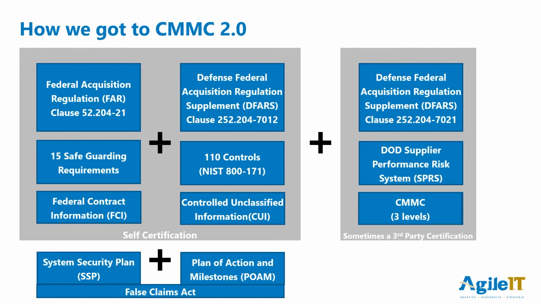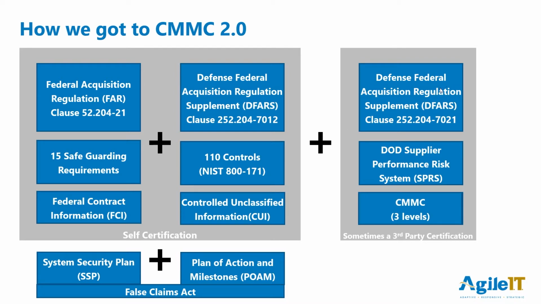First off, we need to know how we got to CMMC. Now, I've presented this a number of times in past slides, but it's important to remember that the Federal Acquisition Regulation is augmented by the Defense Federal Acquisition Regulation Supplement, DFARS, and specifically Clause 7012, which mandates NIST 800-171.